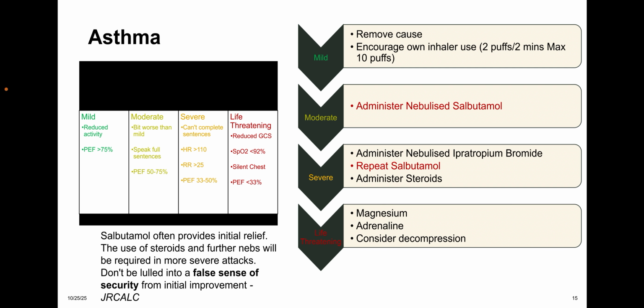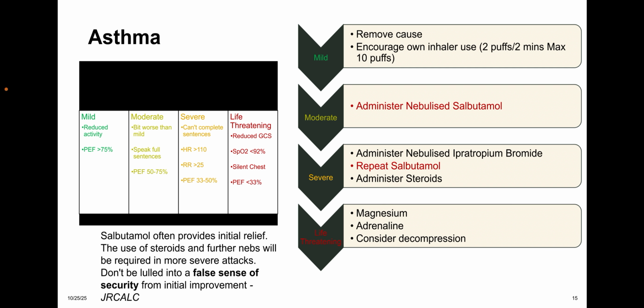We have severe cases where they can't complete full sentences, and we start to see the obs going a bit deranged. We're getting a tachycardia, we're getting an increase in respiratory rate. And then we've got life-threatening, where the patient's starting to suffer the effects of hypoxia, they're starting to get reduced GCS, the SATs are going down below 92%, there's no longer any air entry in their lungs, remembering that the problem with asthma isn't that you can't get the air into the lungs, it's that you can't get the air out of the lungs.